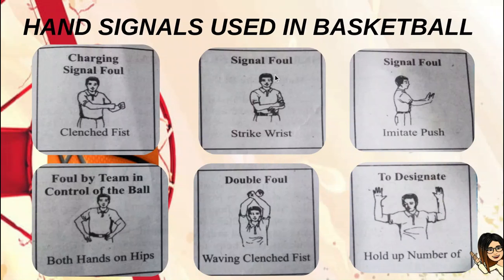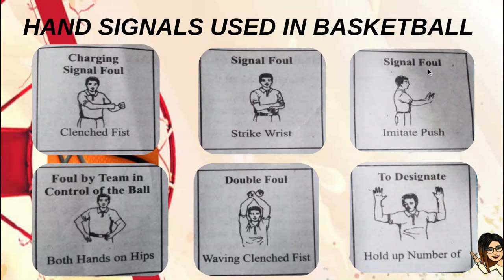For the signal foul, if one of the players of a team committed a foul, a technical foul, of course, the referee will do this. You just strike your wrist.